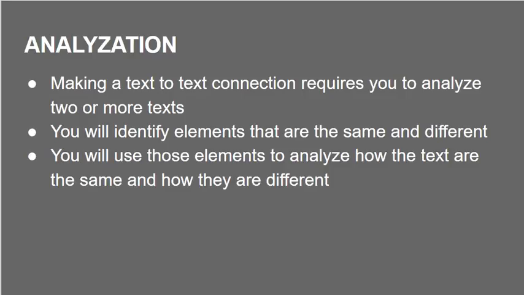Analyzing a text and making text-to-text connections means that you are becoming a better reader. You will be able to identify elements that are the same and that are different. Then you're going to use those elements to analyze how the texts are the same and how they are different. So analyzation and the definition are on this page. Please pause the video and write down the definition.